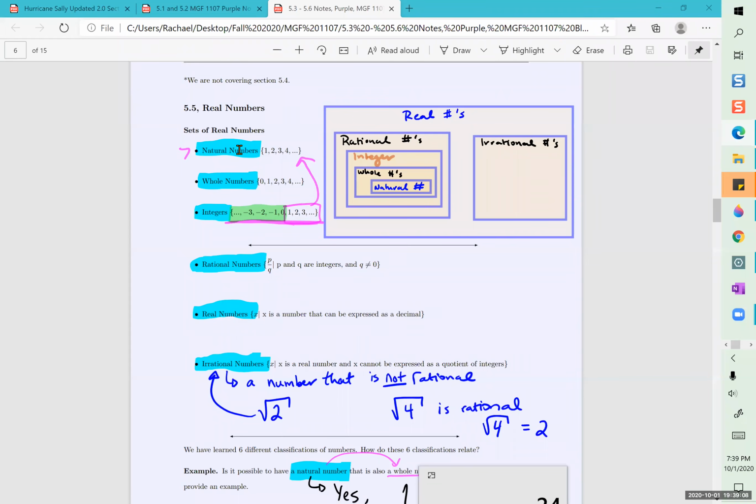Specifically from this section, this is where we talked about how each of these descriptions of real numbers can be categorized and found in subsets, right? So you can refer to the 5.5 notes and it describes each of these like name categories.